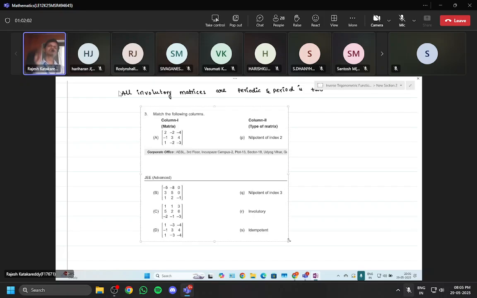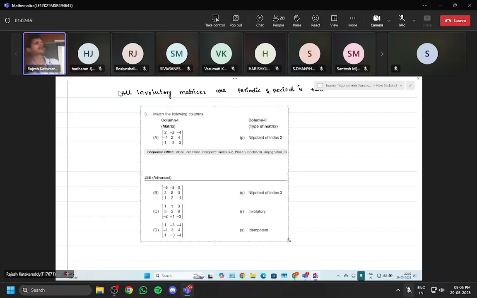Right? See, I'm giving you the hint. Every matrix, you call the matrix A or M, whatever alphabet you like, do A square. If it is equal to identity, mark it involutory. If not identity, maybe some matrix A square is equal to null matrix, that is nilpotent. Clear? If it is not coming, that cannot be nilpotent of index 2. Then find A cube. Why A cube? They only wrote here nilpotent of index 3 or nilpotent of index 2 only.